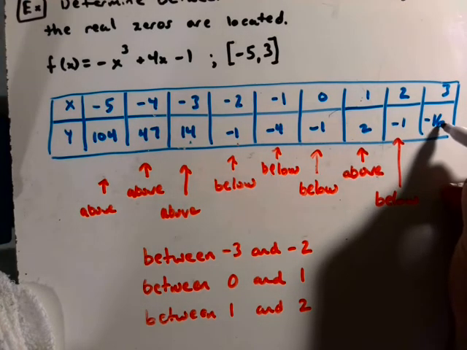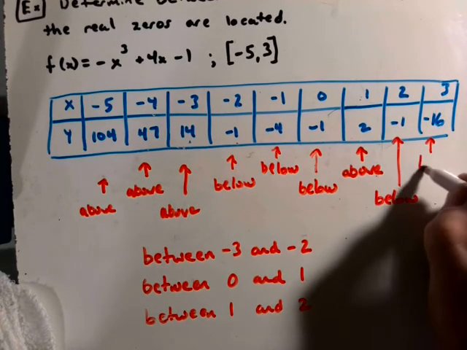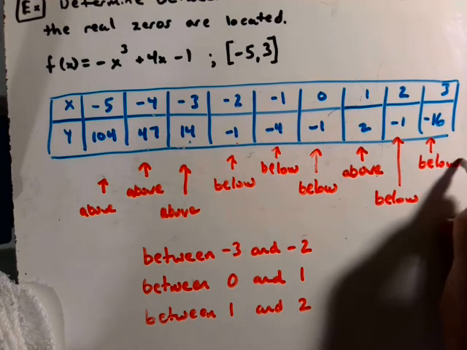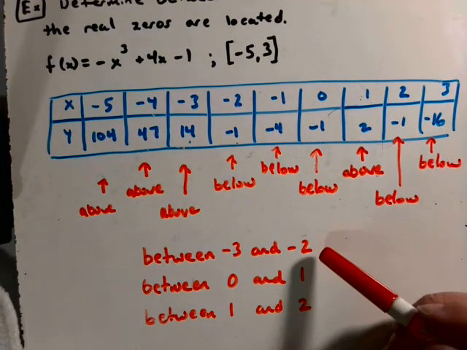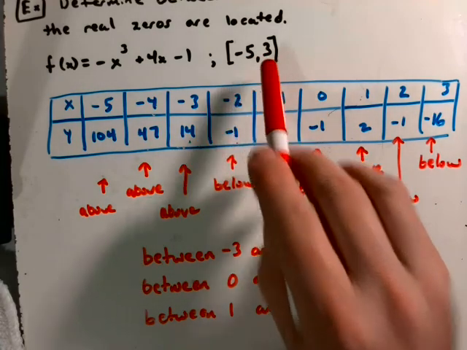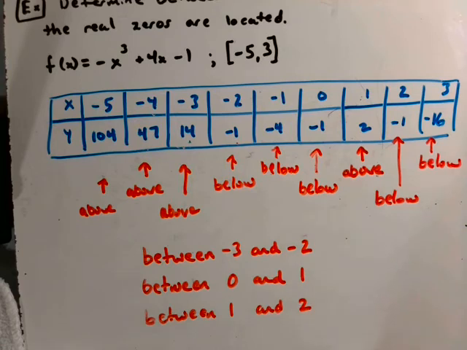And (3, -16), if you graph that, the y-coordinate is negative, so that would be below again. So it looks like there would be 3 x-intercepts between -5 and 3, because when you look at these y values, we have a sign change happening 3 times.